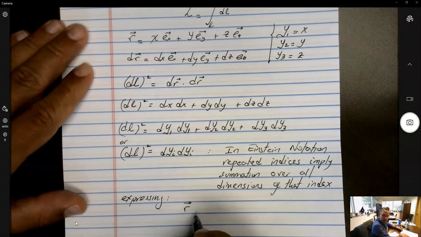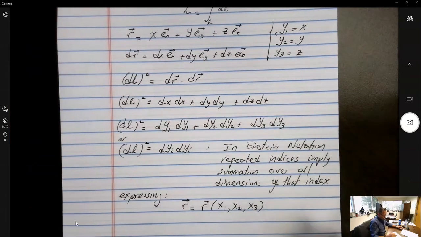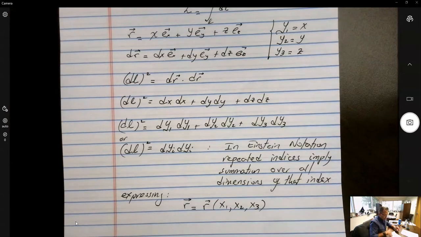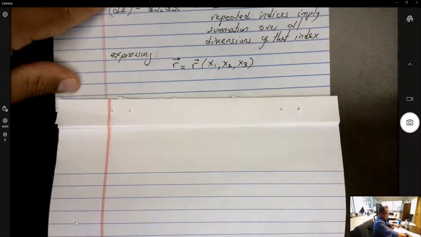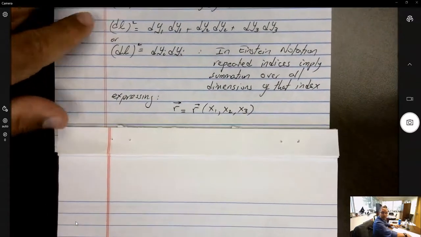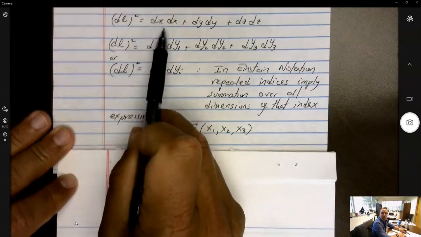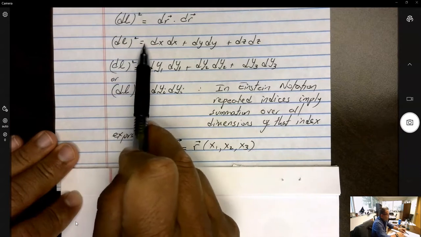r now in terms of the curvilinear coordinates, x1, x2, and x3, the position vector in terms of curvilinear coordinates, this is ultimately what we want. This is basically saying that the differential arc length in Cartesian coordinate system is dx squared, dy squared, dz squared. We already knew that. So the differential arc is the square root of all these.